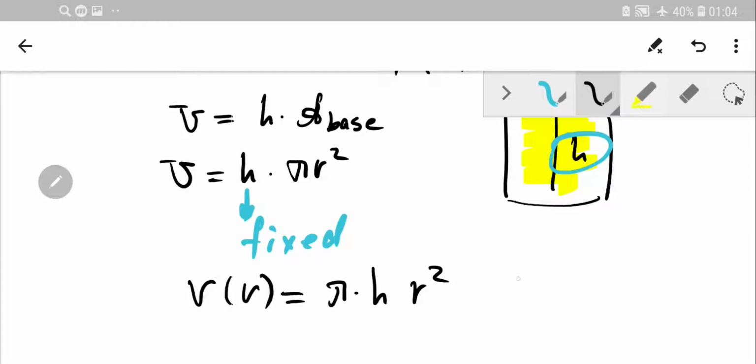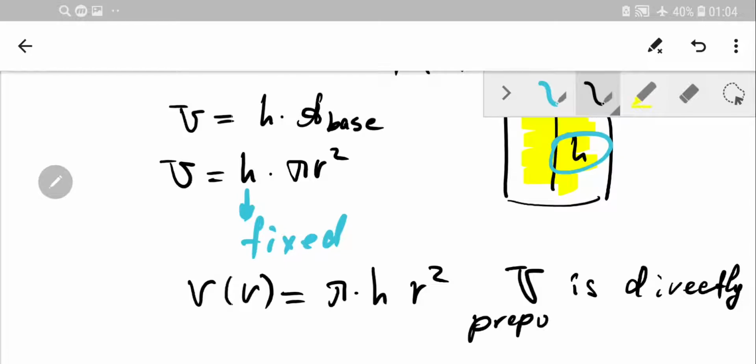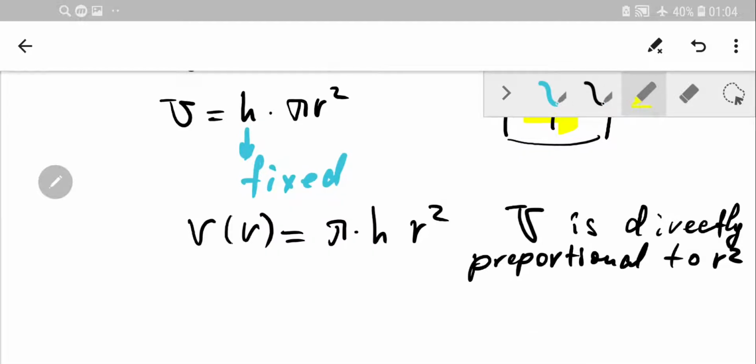But if you say that volume is directly proportional to r squared, so you see, not to r but directly proportional to r squared, then everything apart from r squared becomes a new coefficient, let's say k.